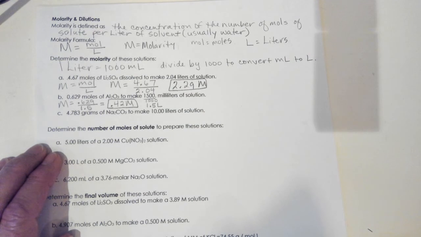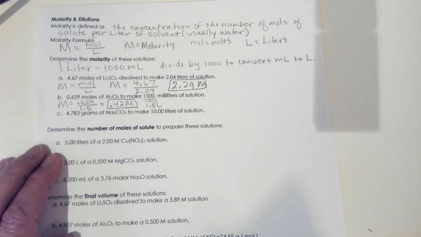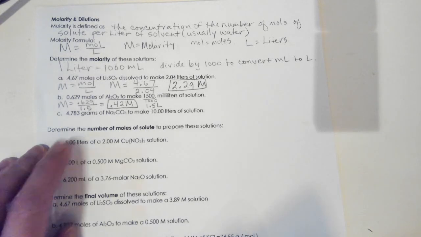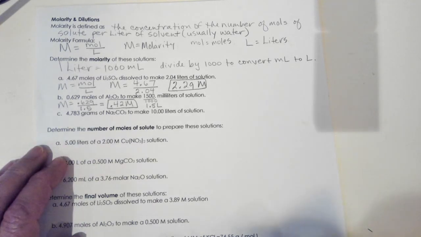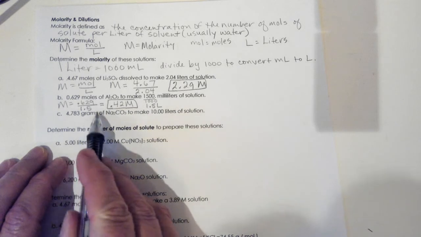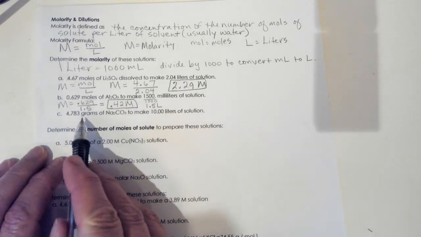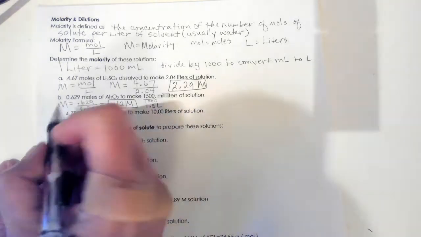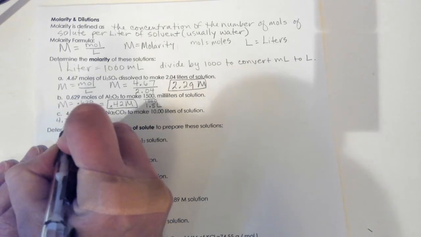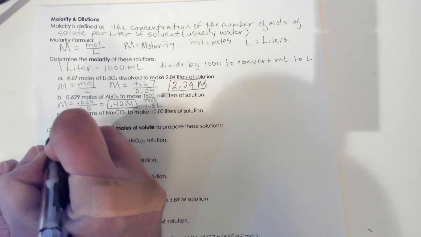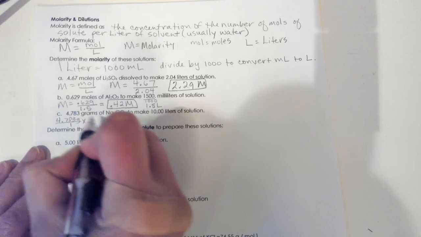All right, let's look at C. We have 4.783 grams of sodium carbonate to make 10 liters of solution. Well, there is no grams in our formula. So in order to do this, we have to make another conversion. We're going to take our grams and convert them to moles first. So we have 4.783 grams, and we're going to convert that to moles.